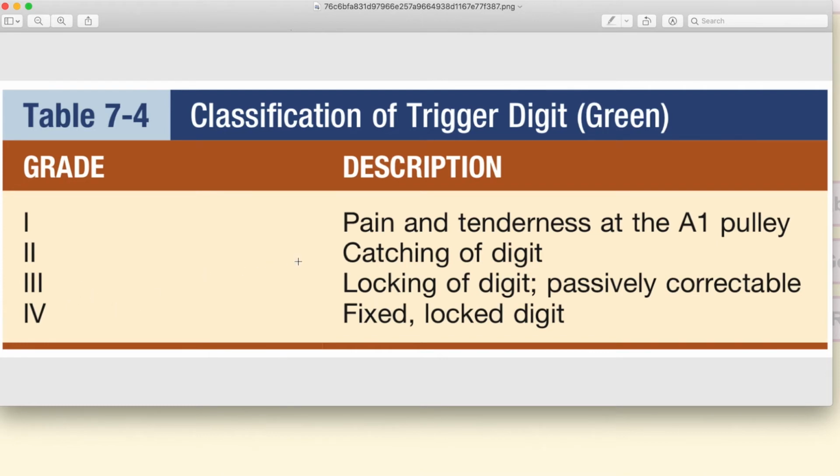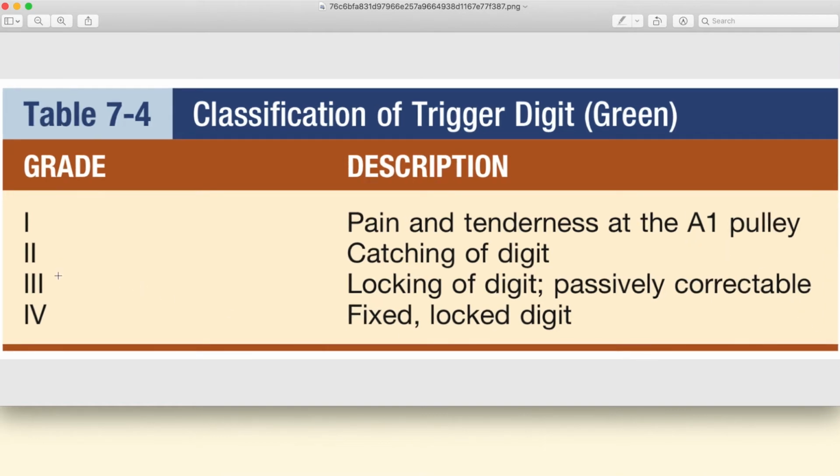For type 1, the condition is showing itself with pain and tenderness along the A1 pulley. There may be catching of the digit at grade 2, and for grade 3 there will be locking of the digit because of the increased swelling of the tendon along with the normal size of the tunnel that is bounded by the A1 pulley.